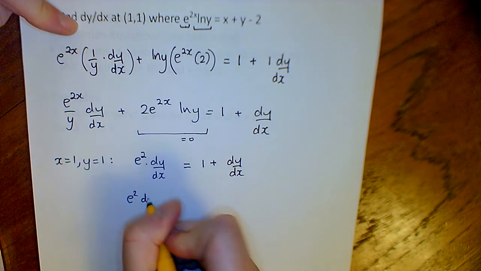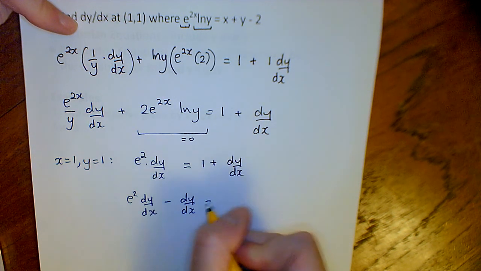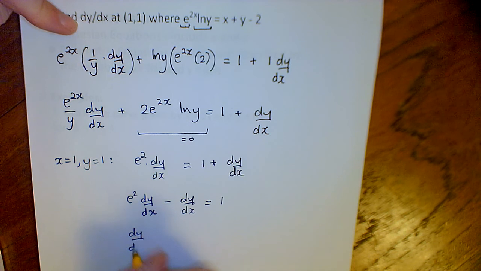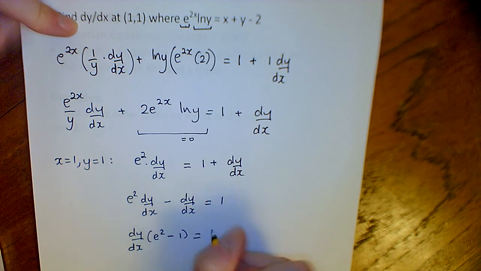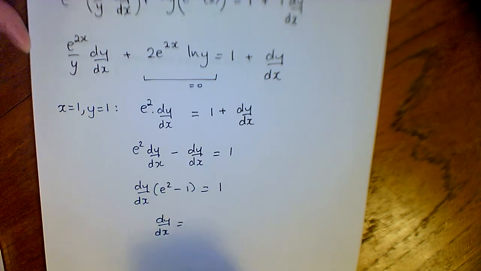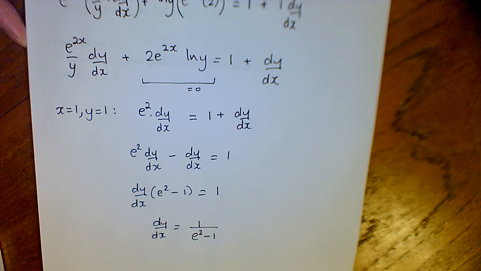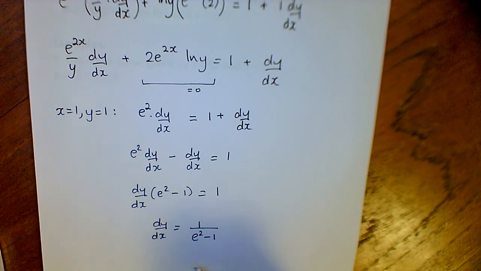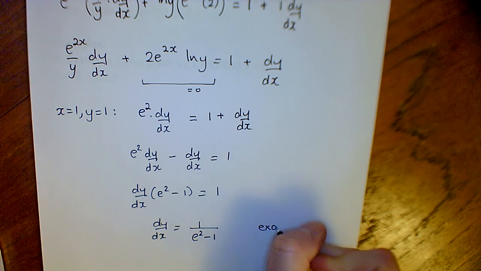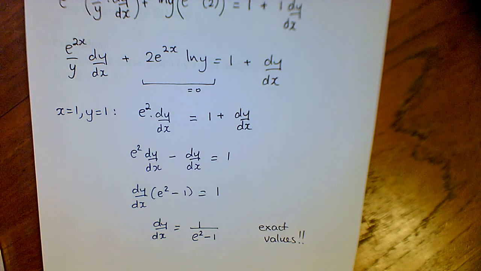So bring all the dy by dx's to one side. Factorize. And then divide across to get 1 over e squared minus 1. Now you could find out the value of that, but especially if the question asked for exact values, you would leave it then in this format.